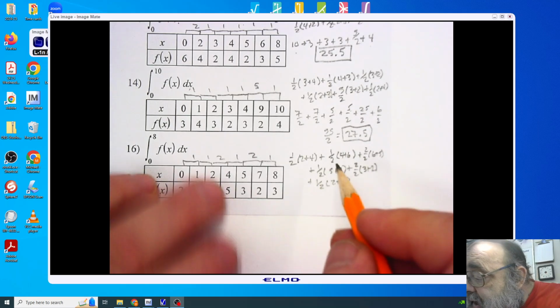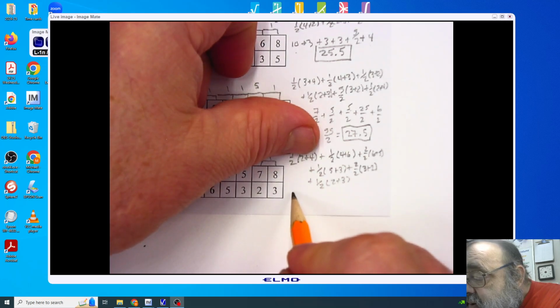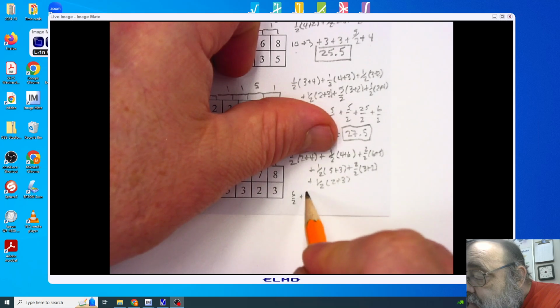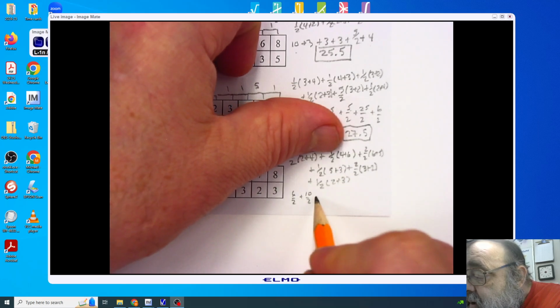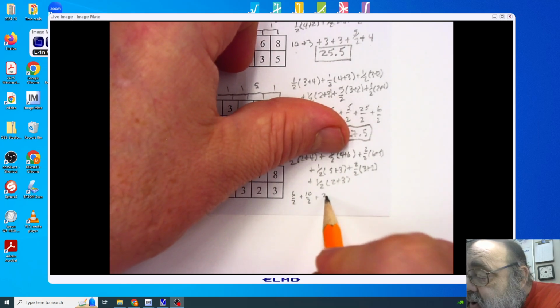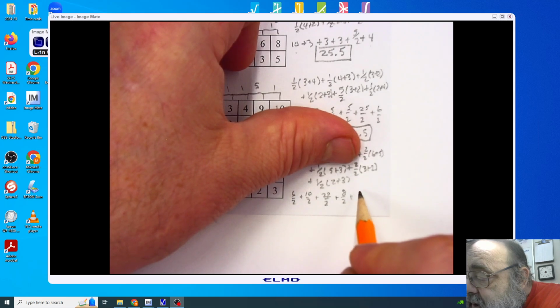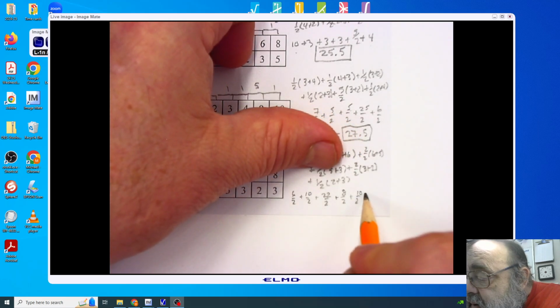I'm now going to have to add it all together. 1/2 of 6, so 6 halves, plus 10 halves, plus 11, and this is going to give me 22 halves, plus 8 halves, plus 10 halves, plus 5 halves.